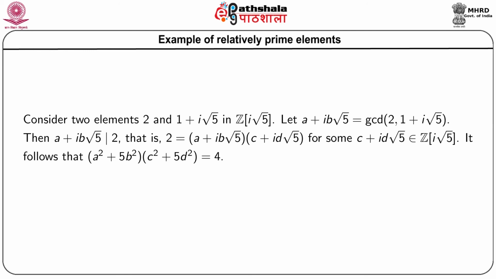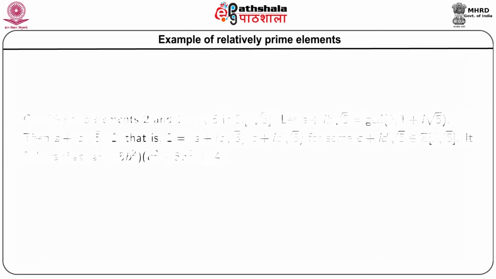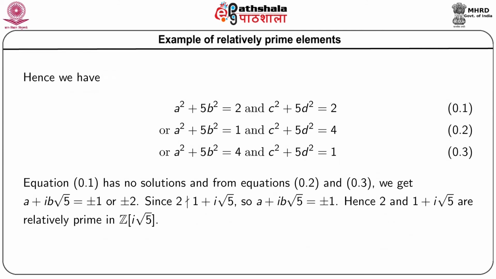Similarly, as before, it follows that a squared plus 5b squared times c squared plus 5d squared equals 2 times 2, that is 4. Since both a squared plus 5b squared and c squared plus 5d squared are positive, the possible values of a squared plus 5b squared and c squared plus 5d squared are as follows.